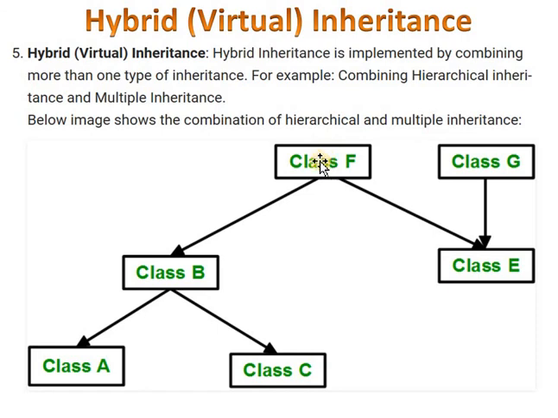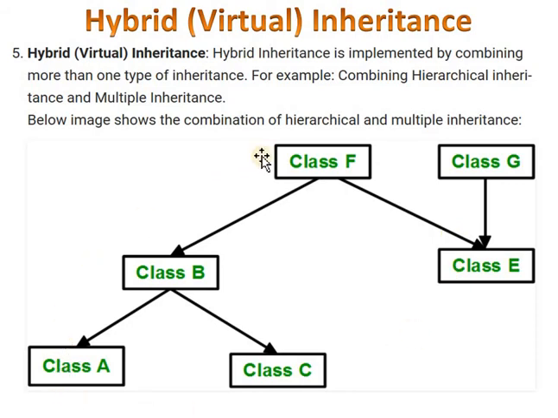And again, this figure also contains the hierarchical inheritance. Here, the hierarchy is present. Class F is one parent class for the class B, class E, class A and class C. So, this type of inheritance is called hierarchical inheritance.